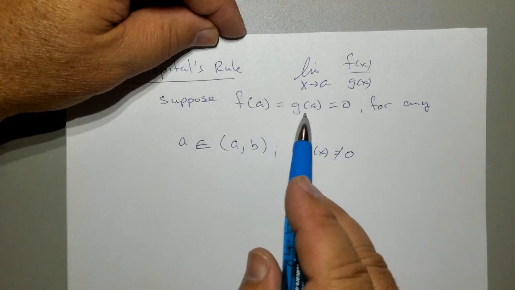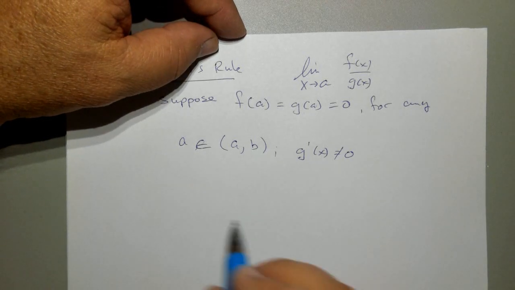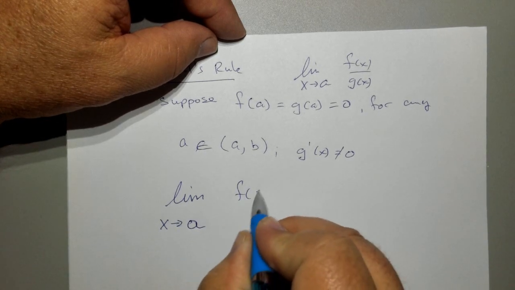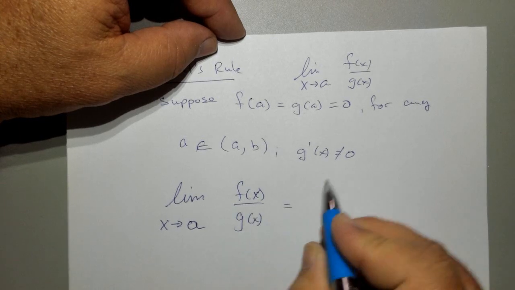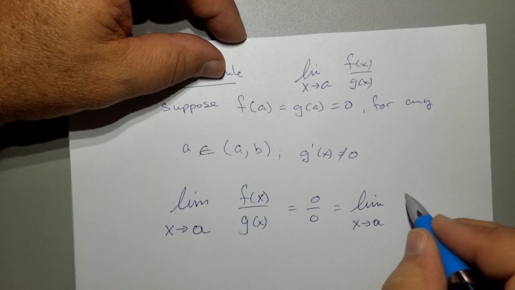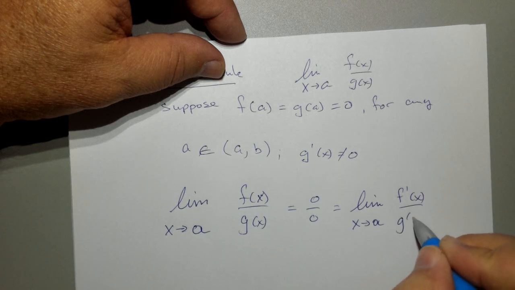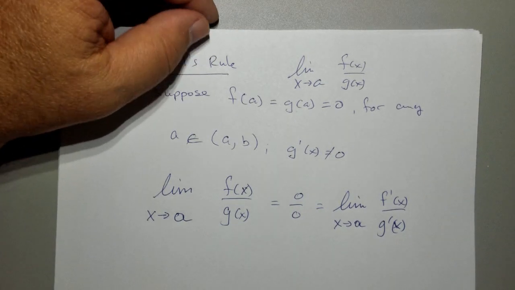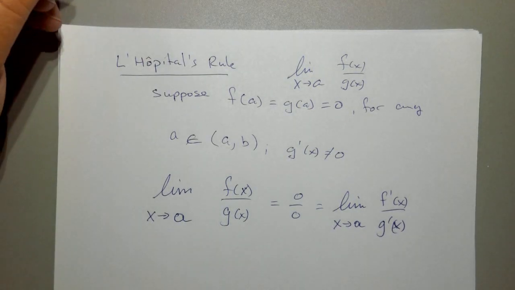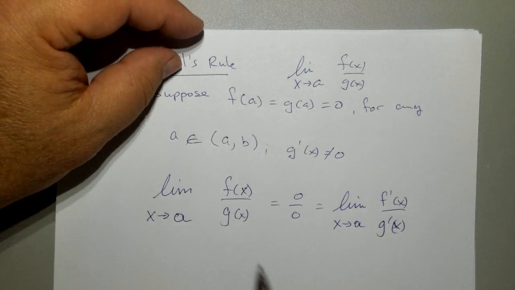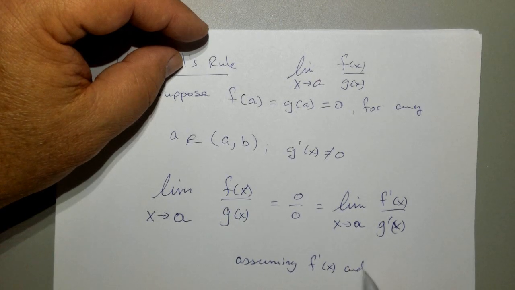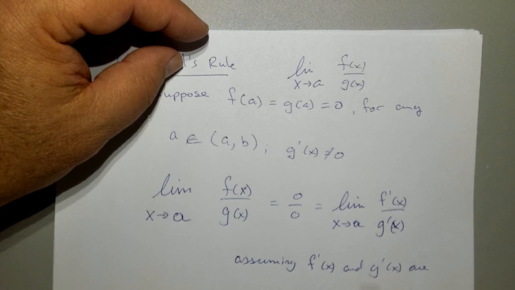So as long as they're continuous and f of a equals g of a and they both equal 0, the limit as x approaches a of the first derivatives of f of x and g of x should exist, assuming f of x and g of x are differentiable.